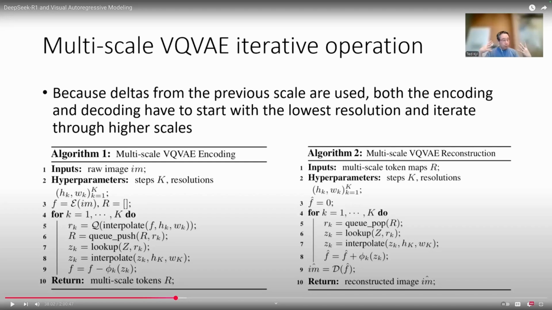Basically it's saying, let me store the output from the 1 by 1 resolution. Then I take whatever that 1 by 1 predicted as the full original ImageNet image and subtract that from all the pixels. This is now my residual, what's left over for the next one to predict.